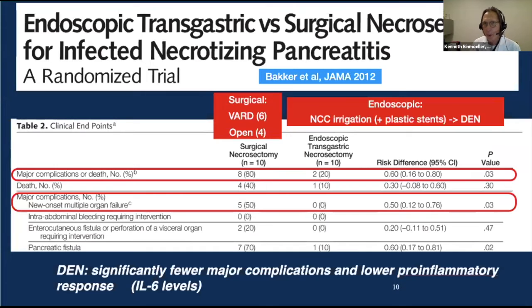This is an important study because this pretty much brought the whole debate, surgery, even if it's minimally invasive, versus endoscopic drainage, which should be the procedure of choice or the intervention of first choice.